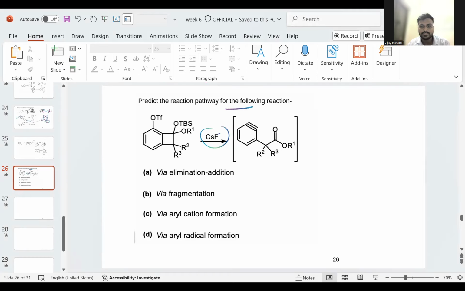Right, so you have this starting. I will just draw the full structure, so it will be easy for you to understand. Always keep in mind that fluorine, F negative, has an affinity towards silicon.